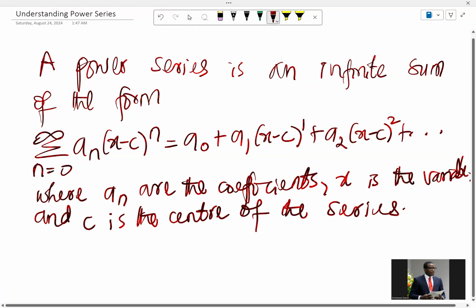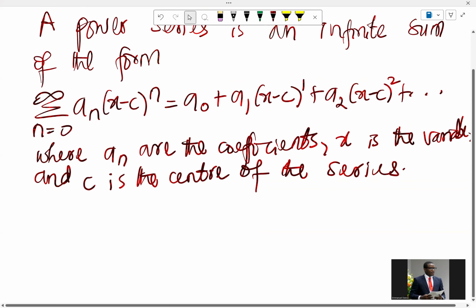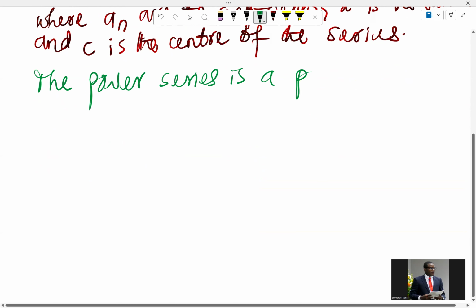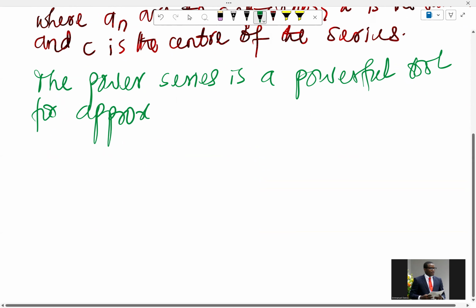Now, you should understand that the power series is a powerful tool for approximating functions.